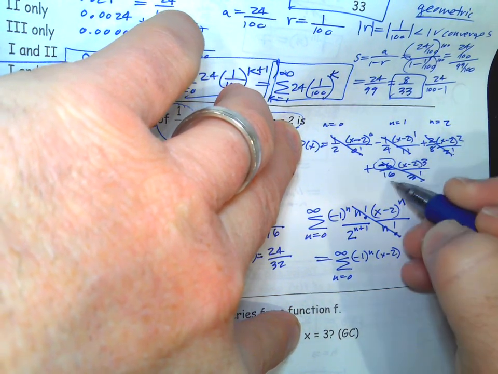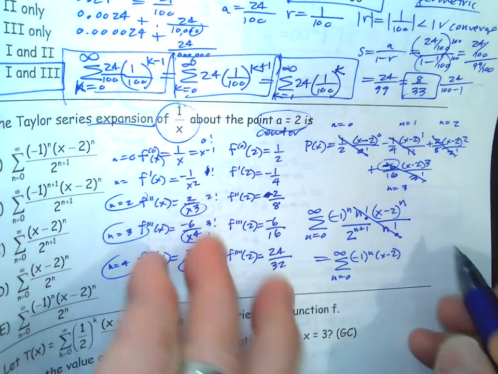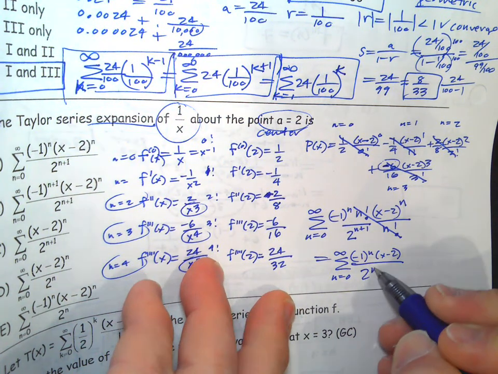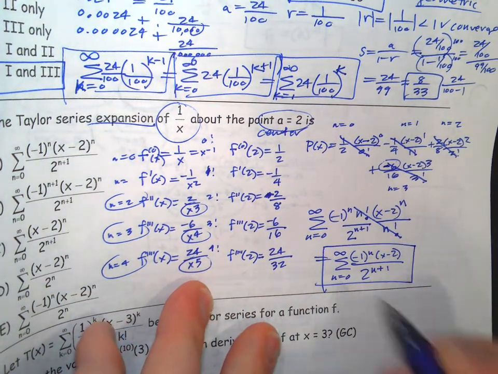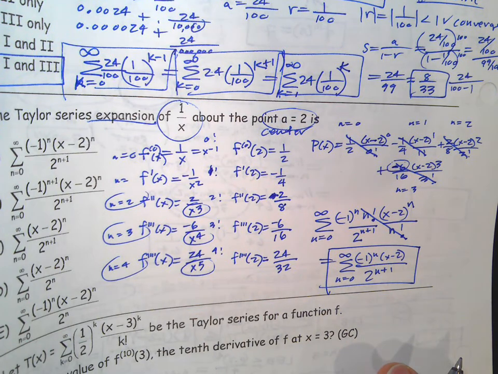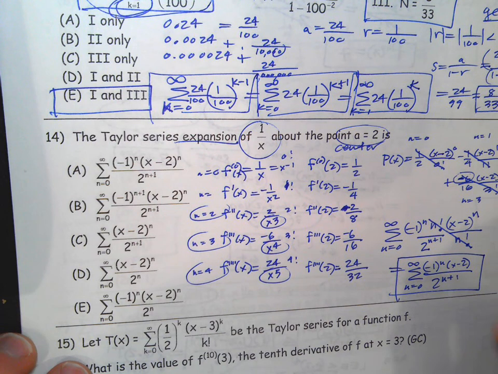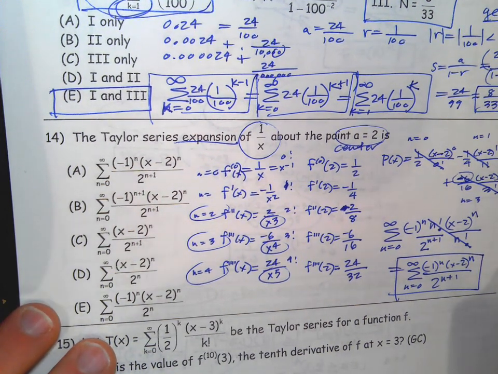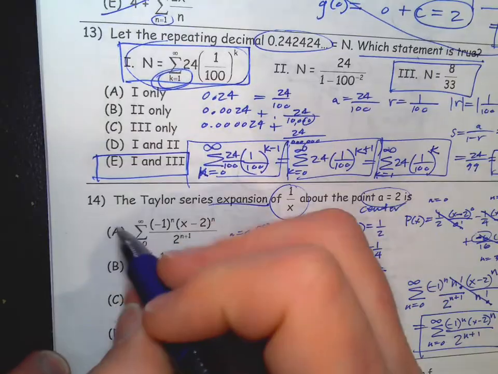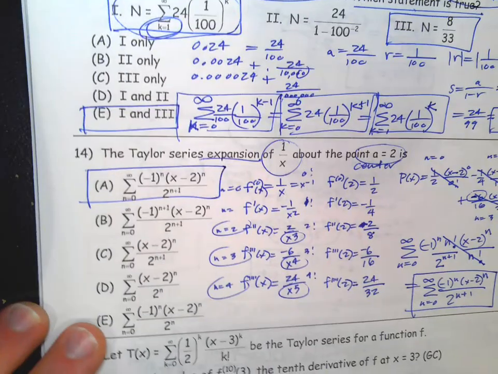Which this time I think it would have been fine. So I think we're looking for this: -1 to the nth, x minus 2 to the nth over 2 to the n plus 1. And none of them start at 1.